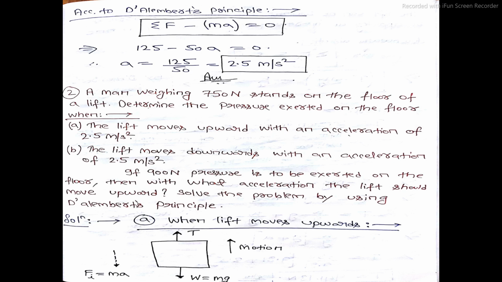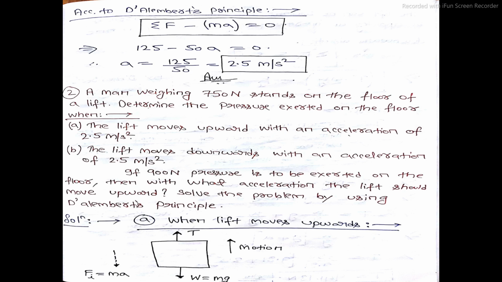The problem is: a man weighing 750 Newton stands on the floor of a lift. Determine the pressure exerted on the floor when, first part of the problem, the lift moves upward with an acceleration of 2.5 meter per second square.